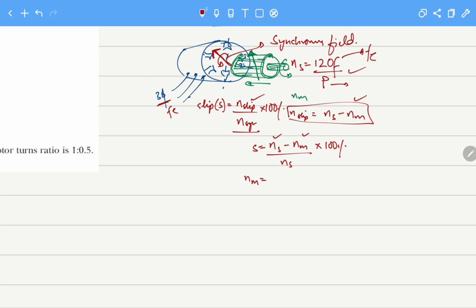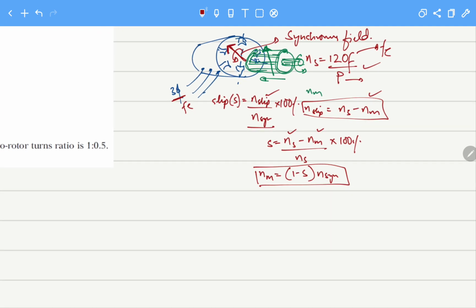If we know the slip of a machine, we can calculate the mechanical speed as 1 minus s, times n synchronous.